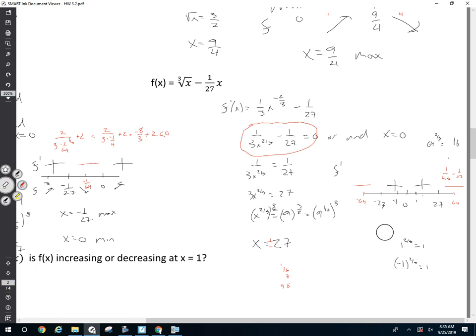Putting all of that analysis into play, we will discover that f is going to be going down, then up, then down. X equals negative 27 is going to be a min. X equals 0, neither. X equals 27, max.